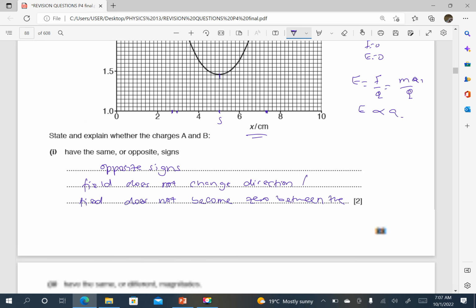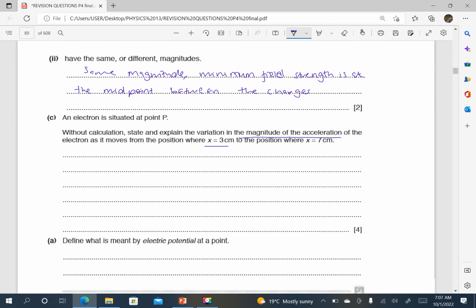Okay, so we can now put this in words. The force F is the charge times the electric field strength, or E is force over charge. And we also know that the force is equal to the mass times the acceleration.